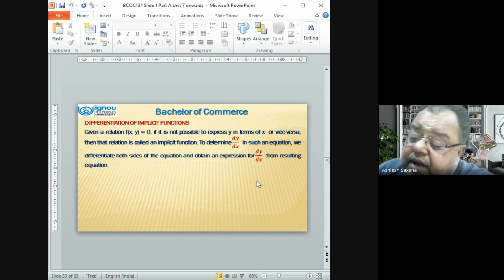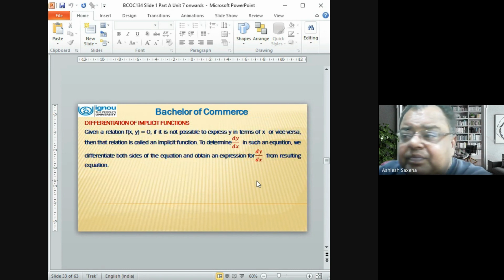Now, another type of function. Till now we were talking about terms with x only. Now we will be getting x and y together in the same problem.